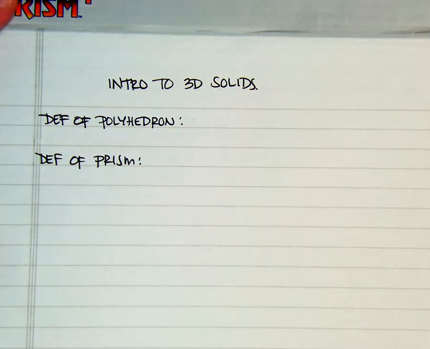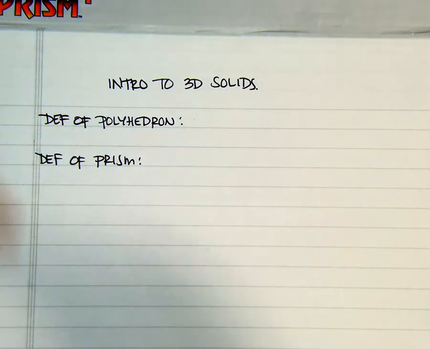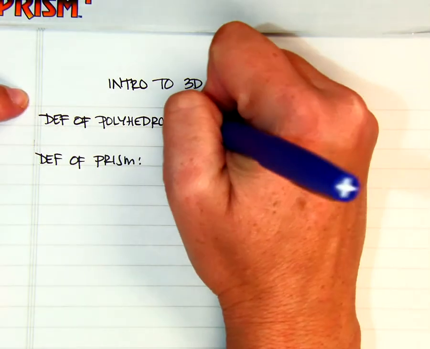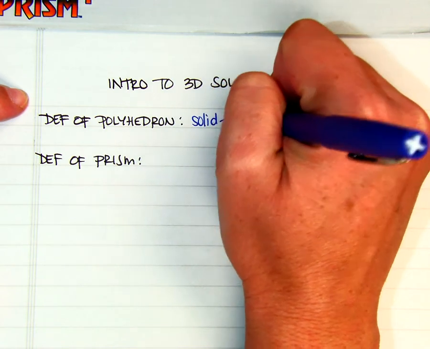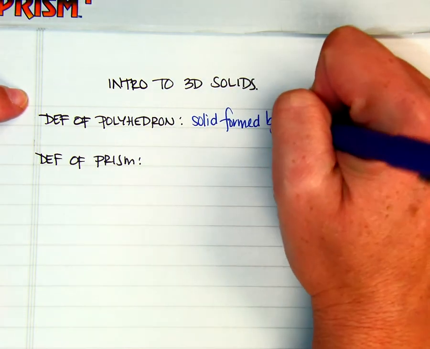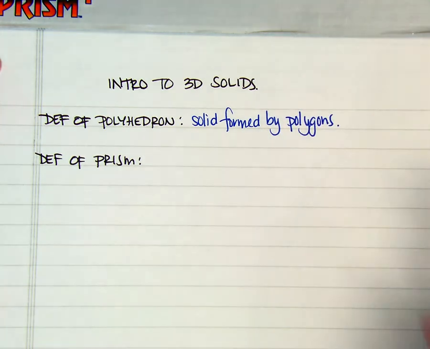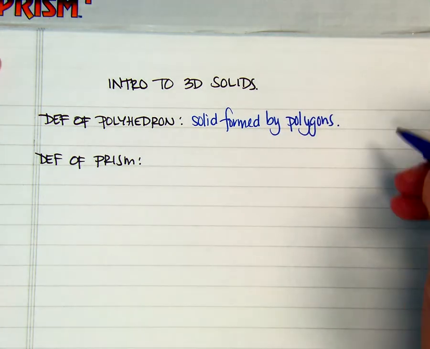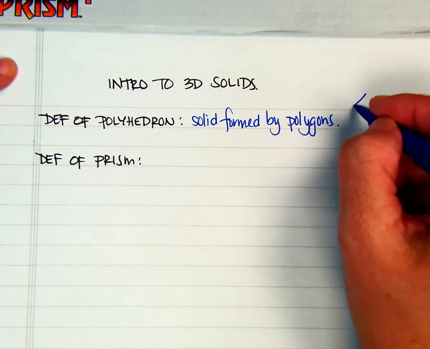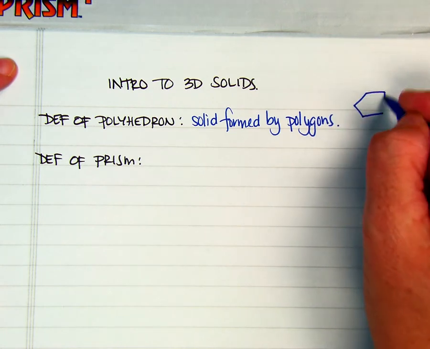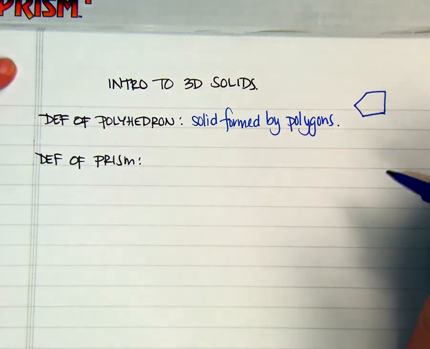So the definition of a polyhedron: it is a solid formed by polygons. If we do a quick review of polygons, a polygon is an enclosed figure made up of segments. So I can make it as weird as I want, but all the sides are made of segments.